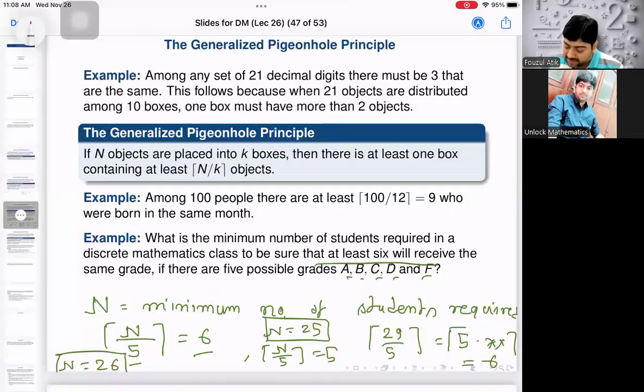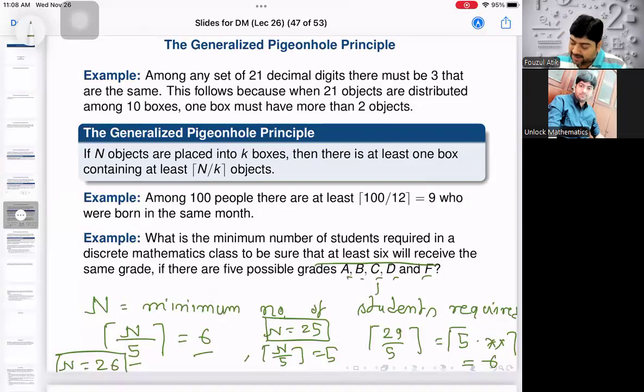Right? And how can you make it a formula? Less than this 6 we have, right? 5 into 6 was giving you 30. 5 into 5 gives you 25. So one more than that is required.